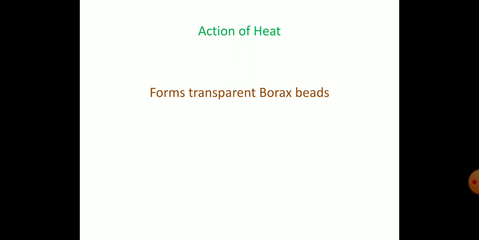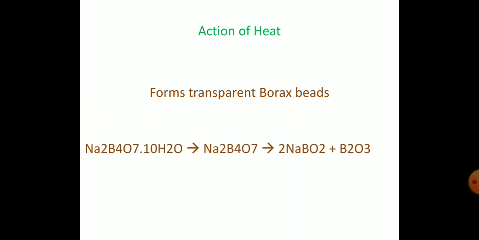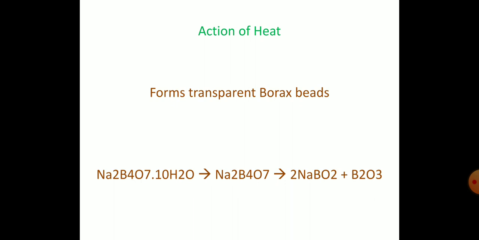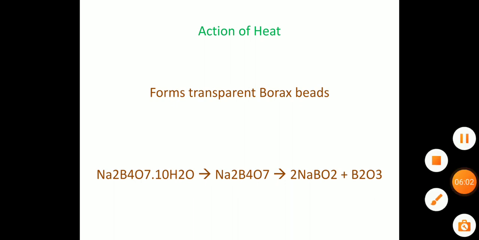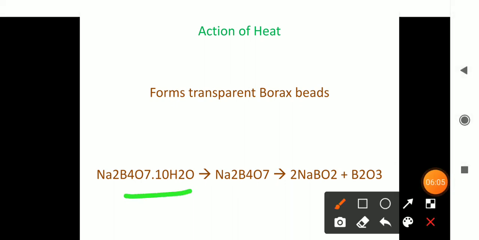Now let us see the equation. This is the equation of action of heat on borax. First, what is taken? Borax, the hydrated form, Na2B4O7 10H2O. When this borax is heated, what do we get? The transparent borax beads. Then when these transparent borax beads are further heated, what do we get?